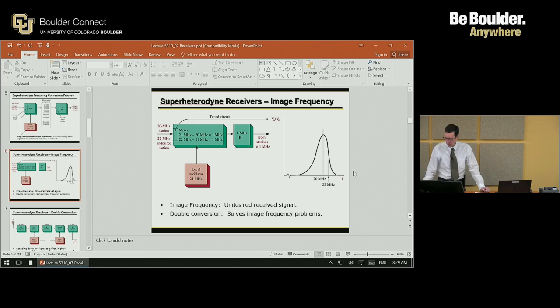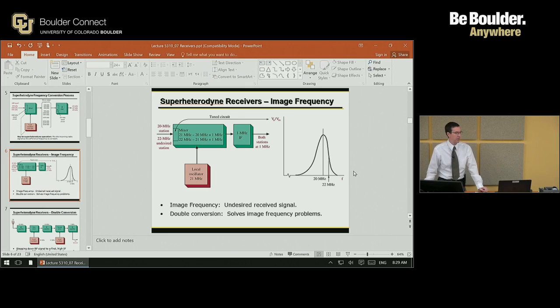If we run that through with a local oscillator at 21 megahertz, and my IF was filtered at 1, then it turns out that both of those stations end up coming out at 1 megahertz, because if I draw the shape of my filter, that 20 megahertz is in the center there, but that 22 is within the envelope, if you will, of the filter.